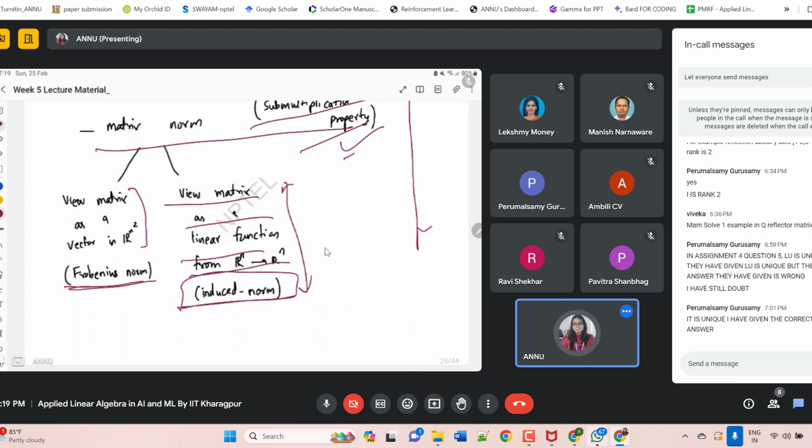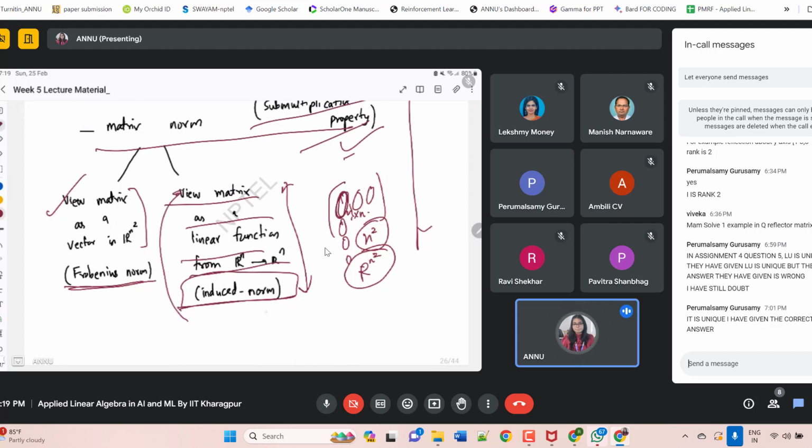And if you view a matrix as a vector in R power n square, how n square? Because each column is one vector with length n, and there are n of them, so n length multiplied by n gives n square. So it has length n square, R power n square. This is also a matrix norm, and so are all the induced norms that we saw.